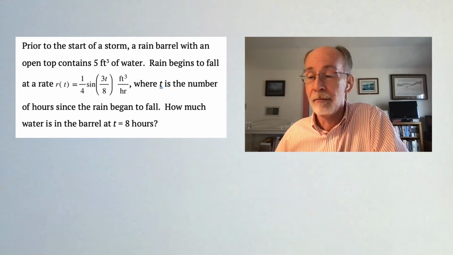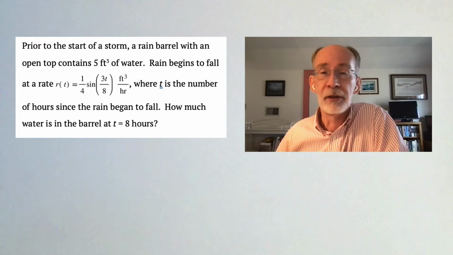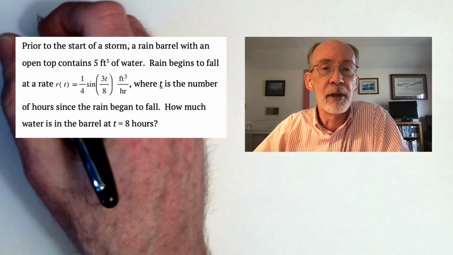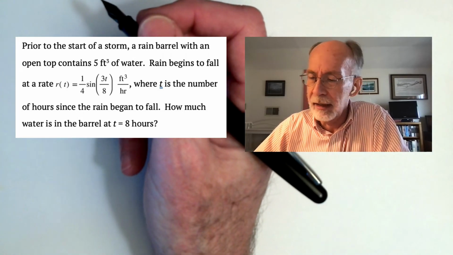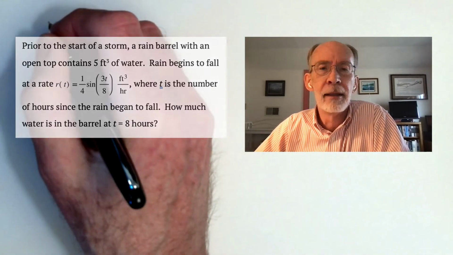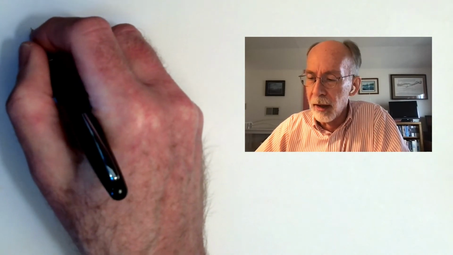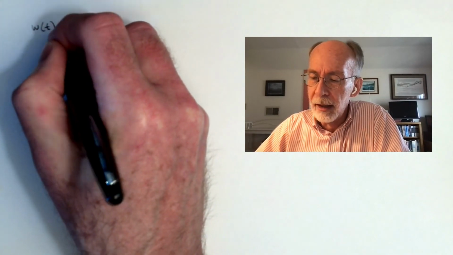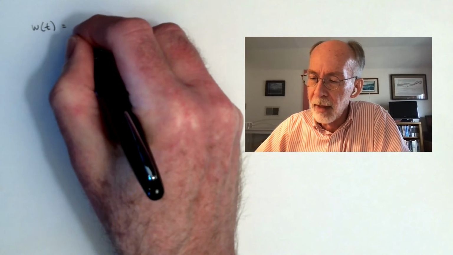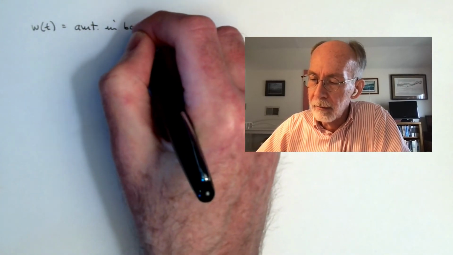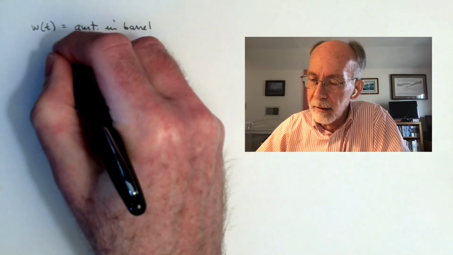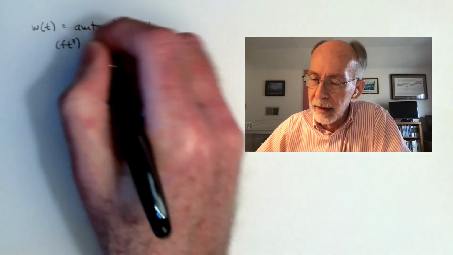So if the rain falls for 8 hours, how much water is in the barrel at the end of that interval? So if we render this in terms of an initial value problem, let's give the water a name. Let's say W of t for water is the amount of water in the barrel in cubic feet at time t.